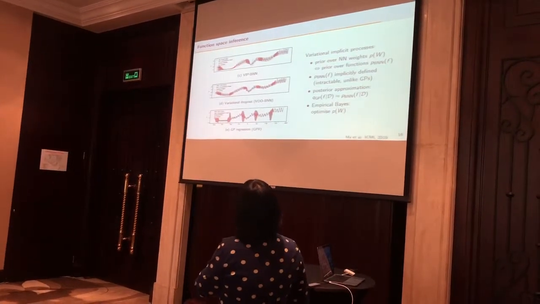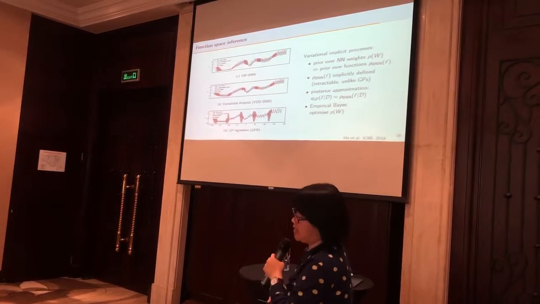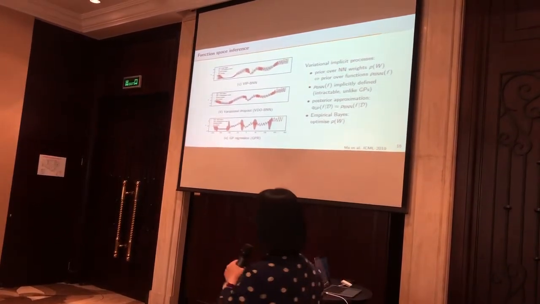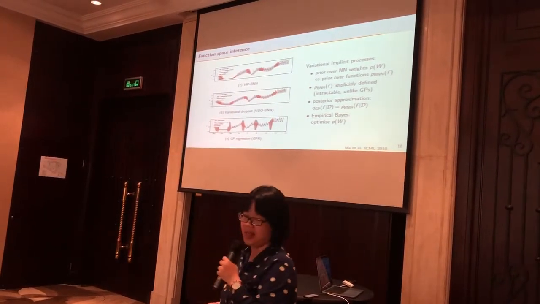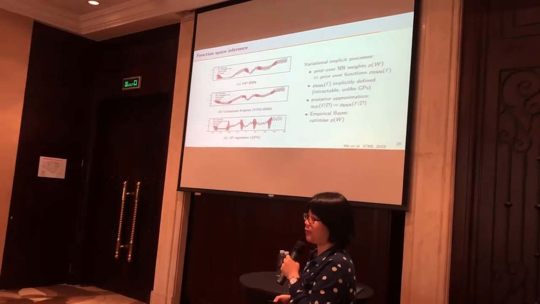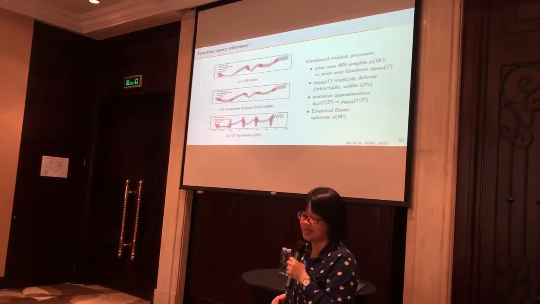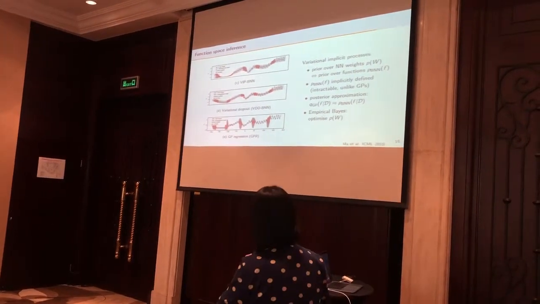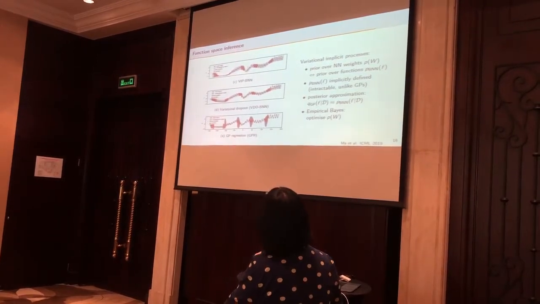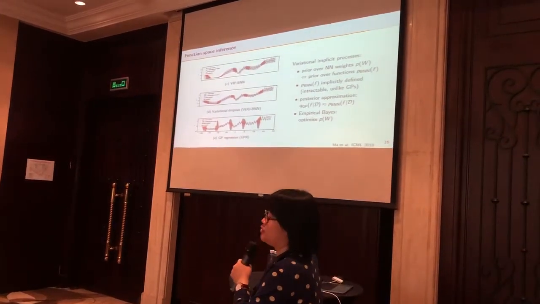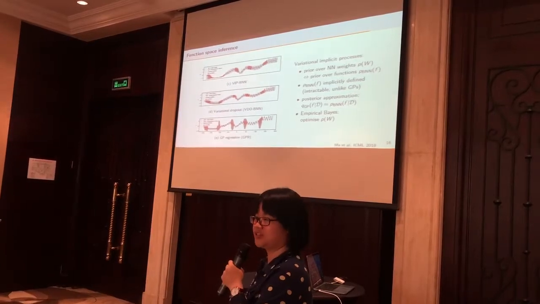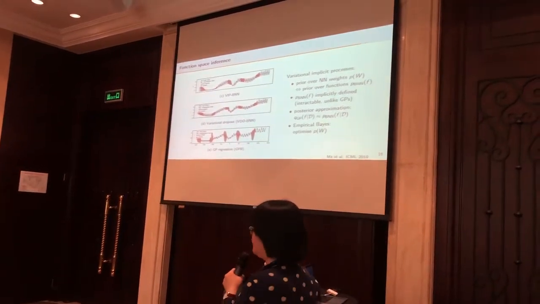We did some similar work by considering approximate inference in function space. I argued previously that we need to be careful when we do approximate inference in weight space. So in this paper, which is ICML this year, we try to see whether we can do approximate inference of Bayesian neural networks in function space. The idea is actually very simple.